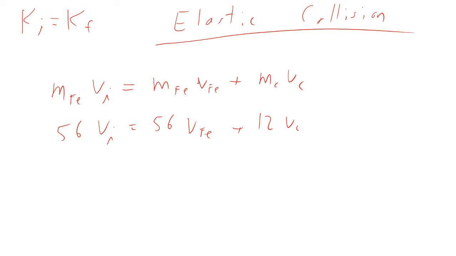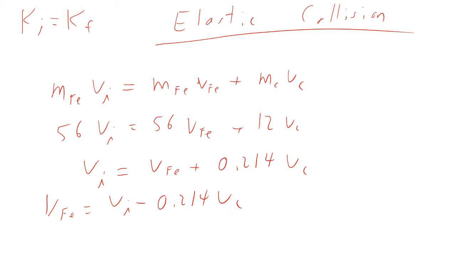So we divide all this out. V sub I equals V sub Fe plus 0.214 V sub C. Now we know we're going to have to solve here for something. So V sub Fe is going to be V sub I minus 0.214 V sub C.